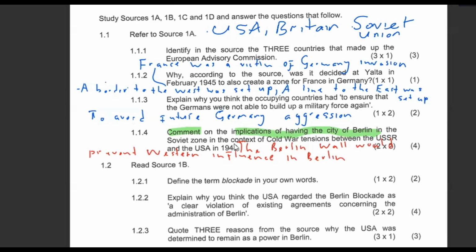You can also say that it would symbolize the defeat of the West.